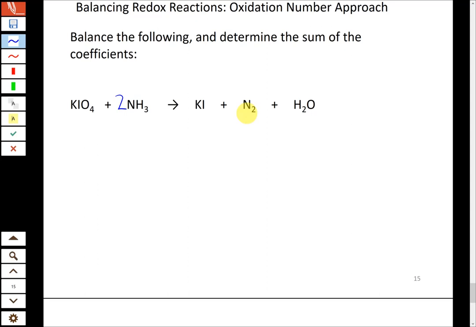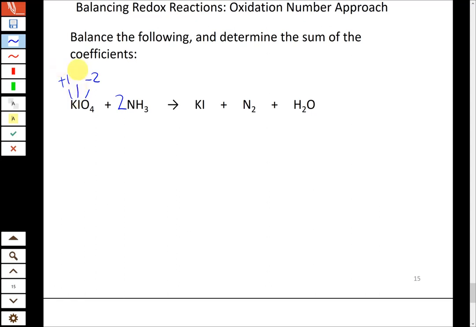Okay, so for KIO4, this is an ionic compound, so potassium will be in the +1 oxidation state. Oxygen will be -2 in any compound that is not bonded to itself. And then we have to figure out iodine by difference. So we have 4 -2s, that's -8. +1 is -7.